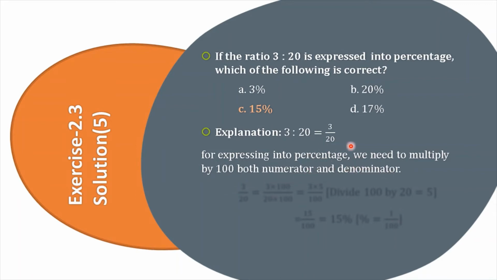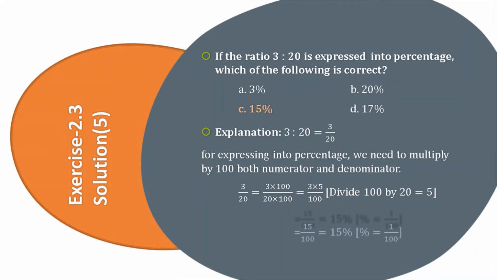So this is the process of expressing as a percentage. 3 divided by 20 equals 3 multiplied by 100 divided by 20 multiplied by 100, which equals 3 multiplied by 5, because if we reduce 100 by 20 we get 5, divided by 100. So we get 15 by 100, and for this 100 we can write down the percentage sign. As you know, percentage equals 1 divided by 100. So this is our desired answer, 15%.